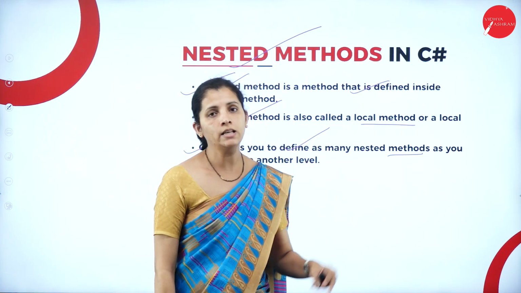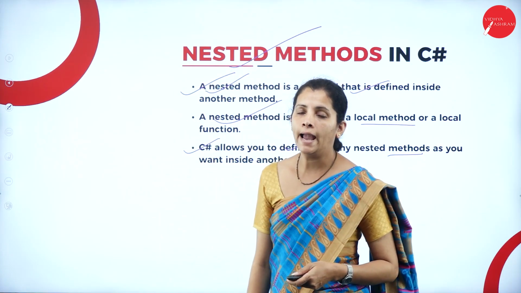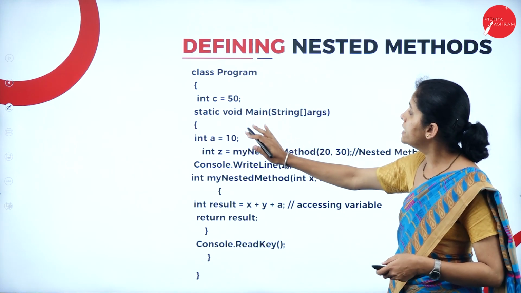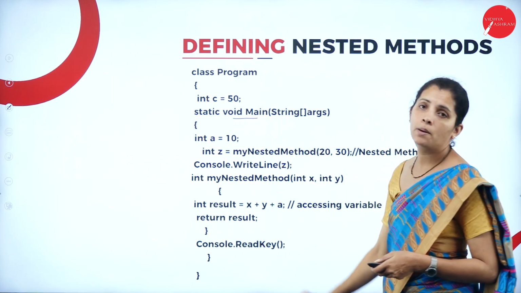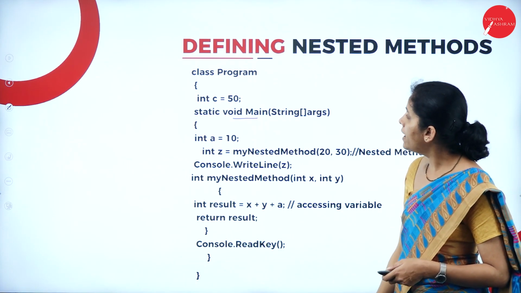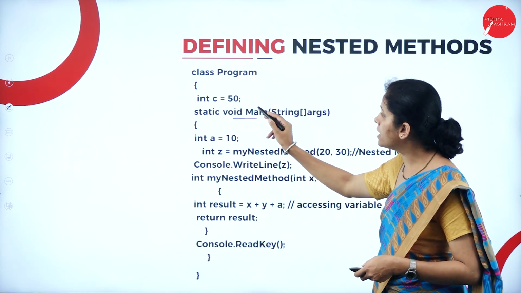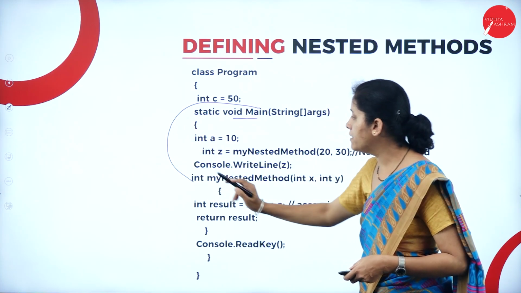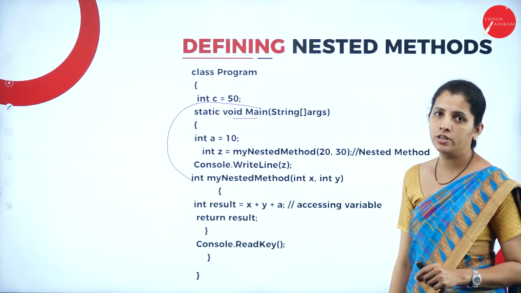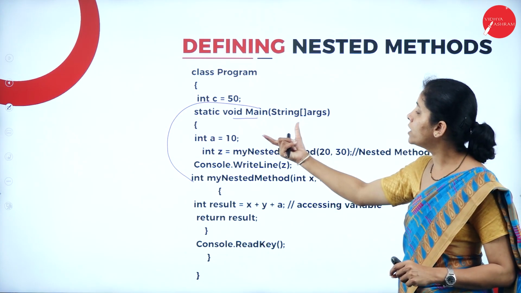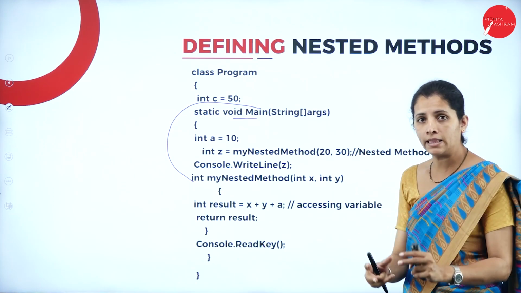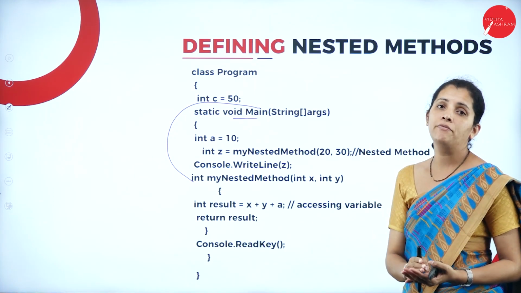So dear student, now I'm going to have an example. See here, this is my main method or main function, and if I write another function inside the main function, then it is called a nested function. So here I'm going to declare a method within the main function.